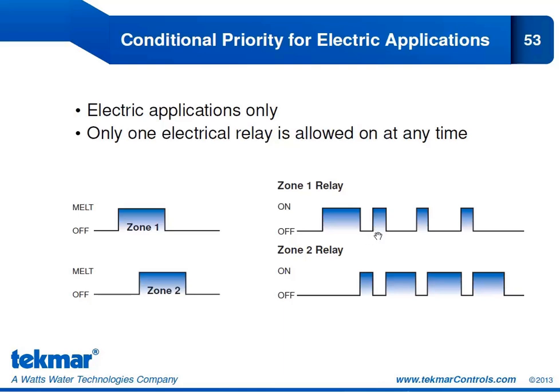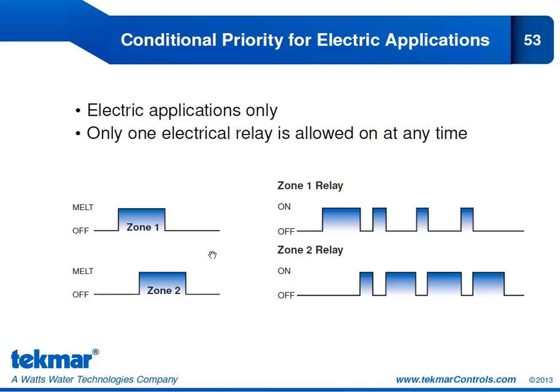However, as soon as Zone 1 relay comes back on, the Zone 2 relay will turn off. And this is a way to avoid large instantaneous demands on the electric system and subsequent surcharges from your electric utility. The other two priority settings, full and none, also exist for electric applications as well.